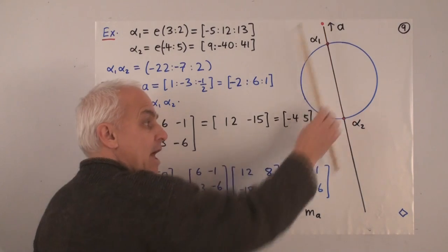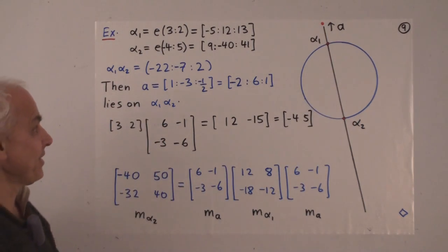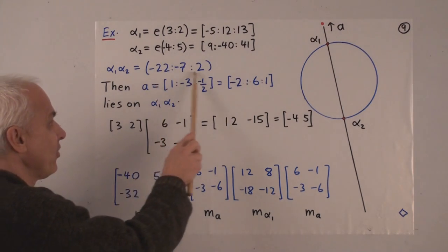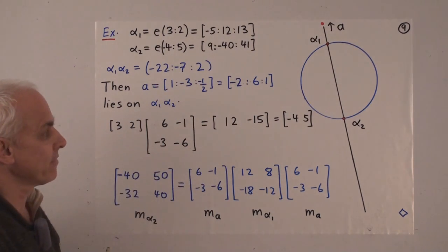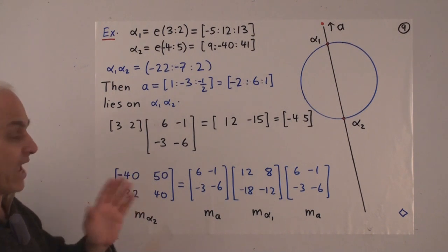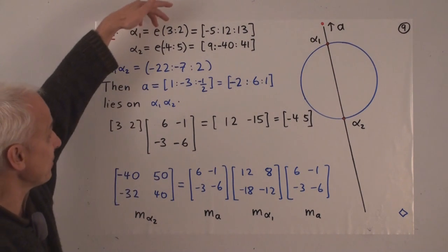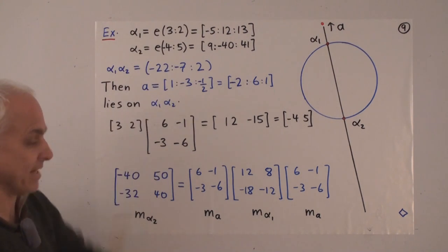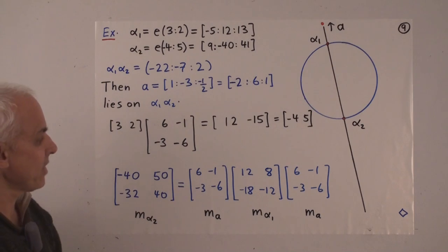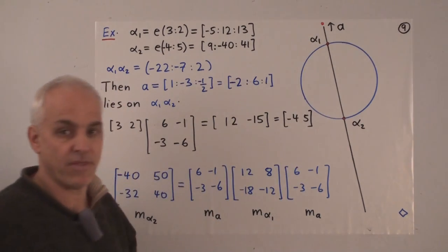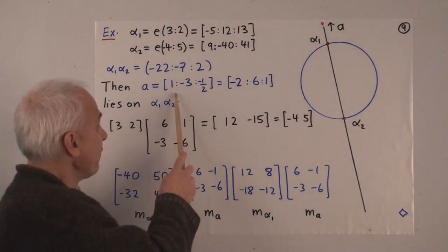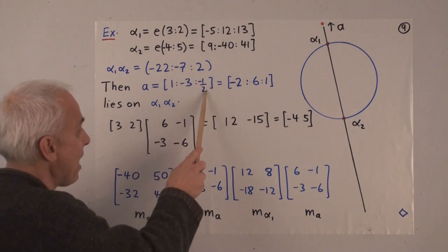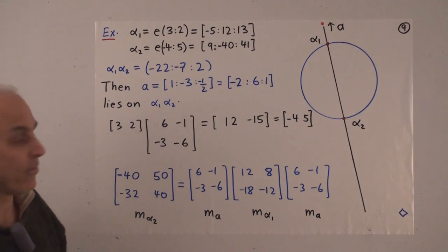The line alpha 1, alpha 2 joining those two points is obtained by taking the j of these two points. There's the j of those. Alternatively, we could have used this f function I defined in terms of these two proportions. So f of these two proportions would give you the same line. Now I want to choose a point on this line, and let's just find a point by requiring that this times this plus this times this minus this times this equals 0.